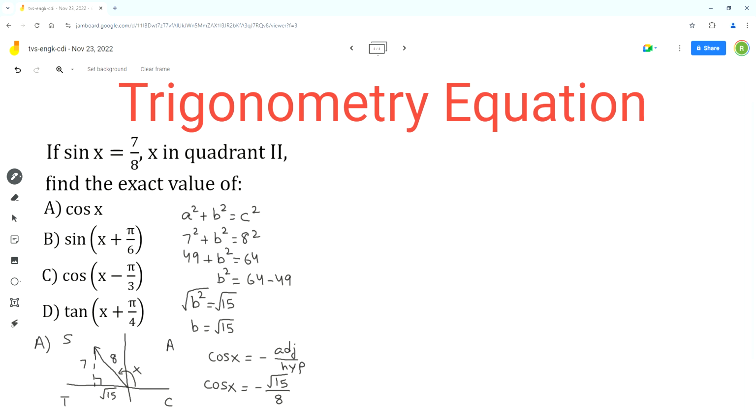Now we can answer part B. For part B, we have to use sine angle sum identity to expand the given term sine of x plus pi over 6. The expanded form is sine x cos pi over 6 plus cos x sine pi over 6.